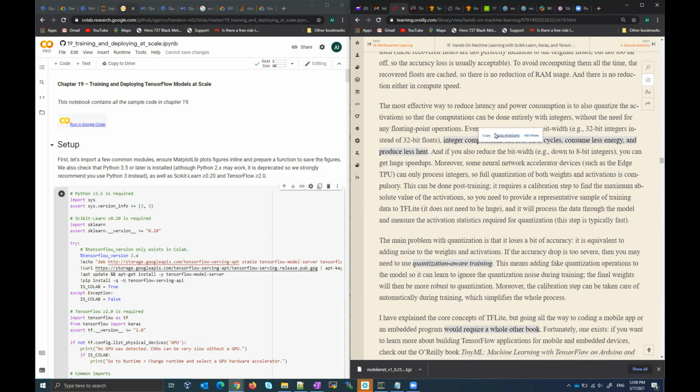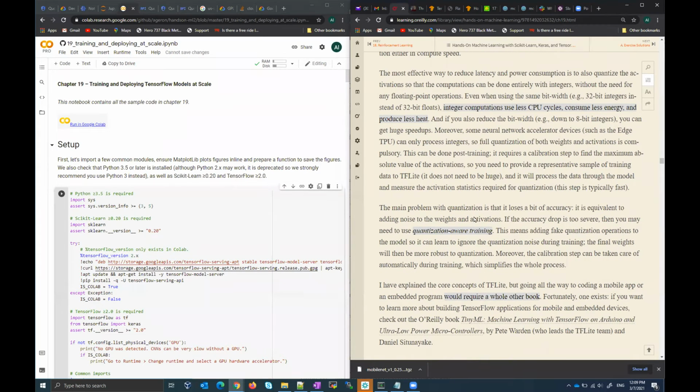Okay. And he's saying here that for actually deploying, he's not trying to show how to do it because he says it's a lot of work, and he's recommending a book for this. Right? TinyML.